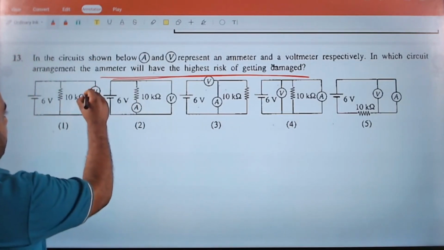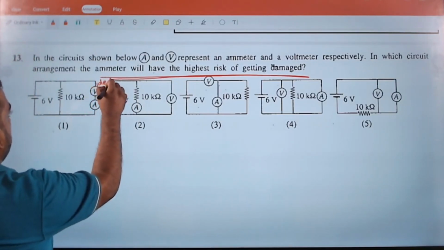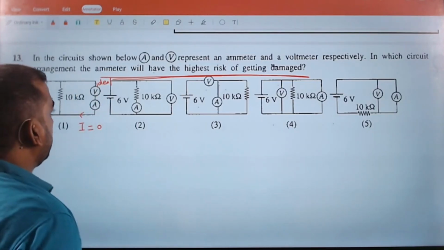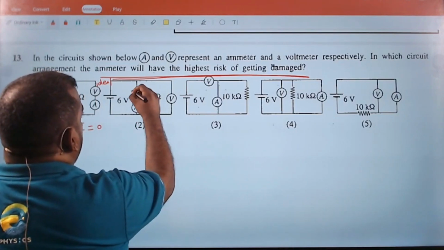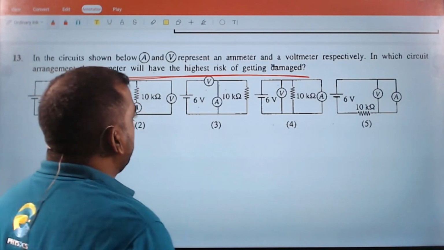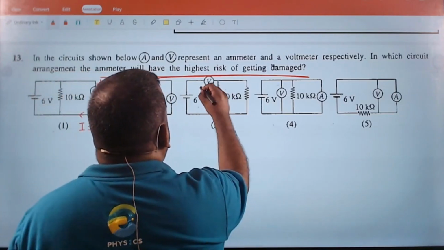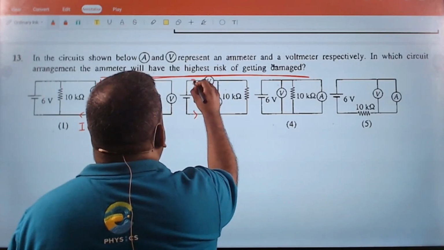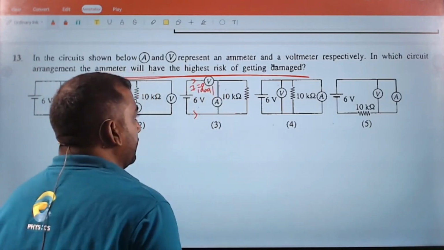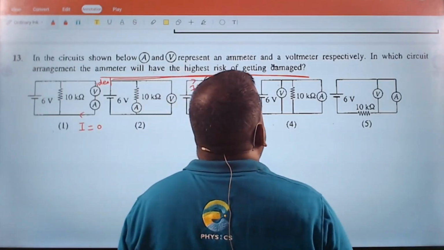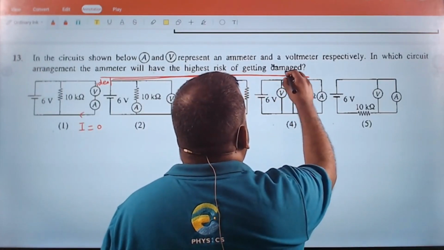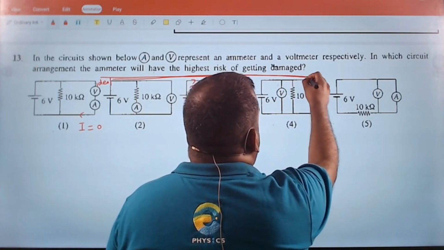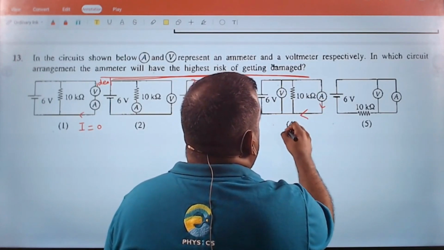So here the voltmeter is connected, an ideal voltmeter, so no current in the branch. This is safe. Here there is a large resistor in series. This is also safe. Here the voltmeter is connected, and in the main circuit there is no current. Safe. Here, current is passing through the larger resistor, so all the current will go through this. These are risky.